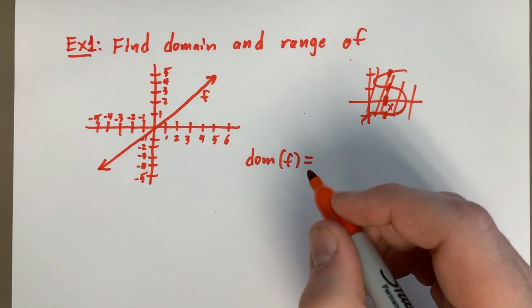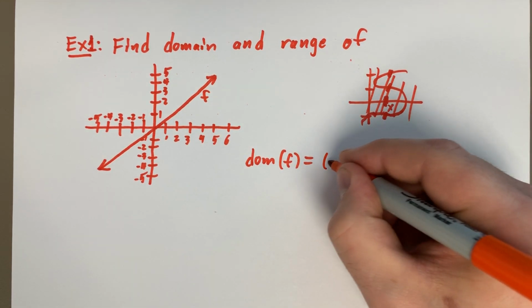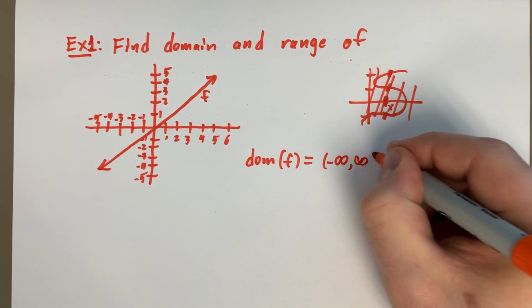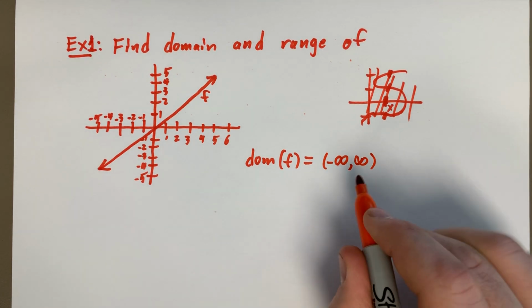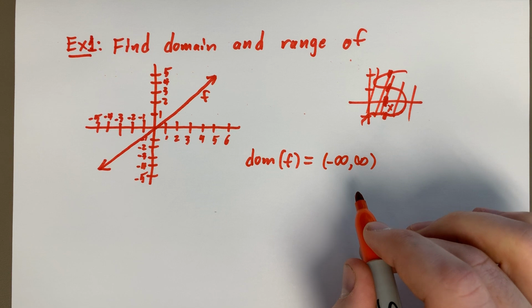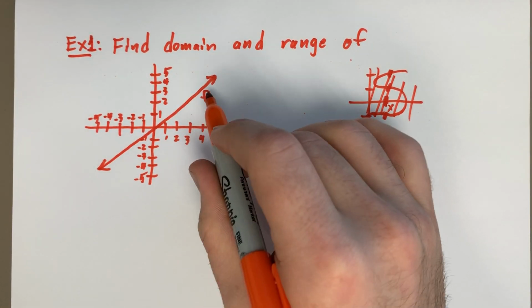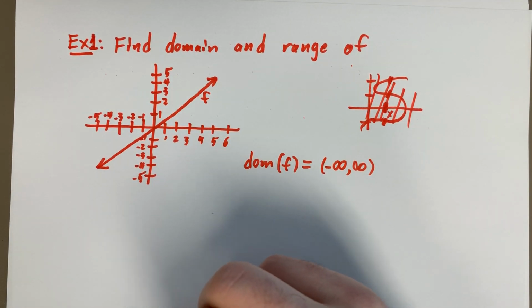Same thing with all the positive numbers. So for the most part, I can plug in anything from minus infinity to infinity. So I would write this, minus infinity to infinity, as an interval, okay? Any x value that lives between minus infinity and infinity can produce a y value on this graph.